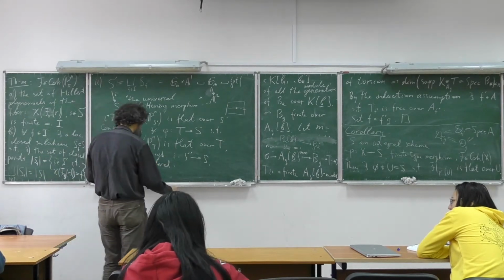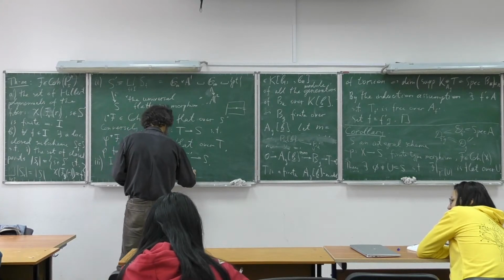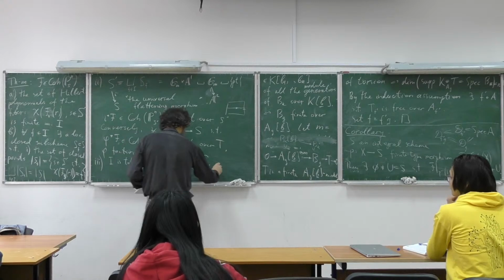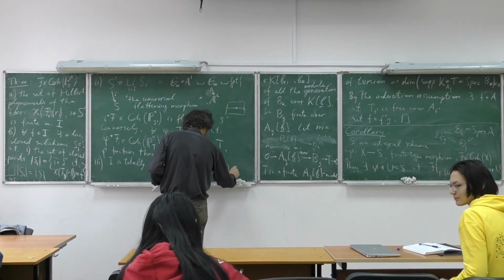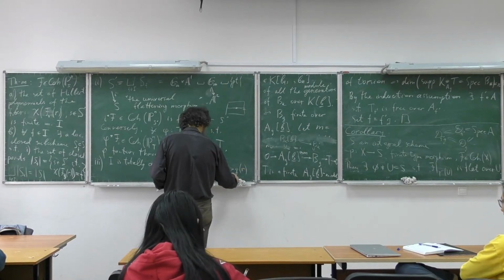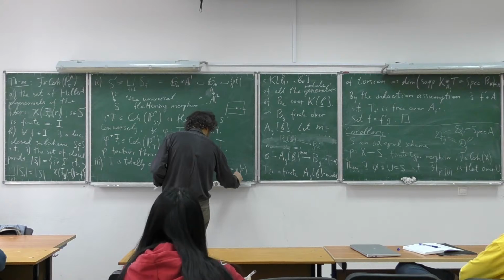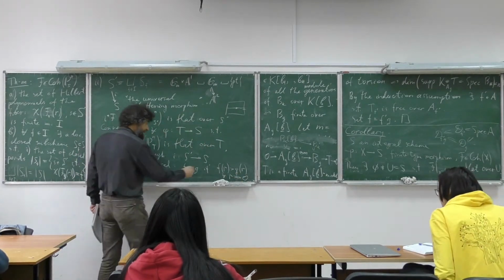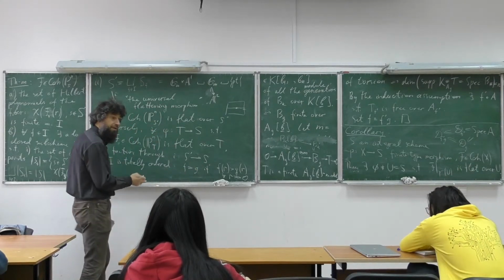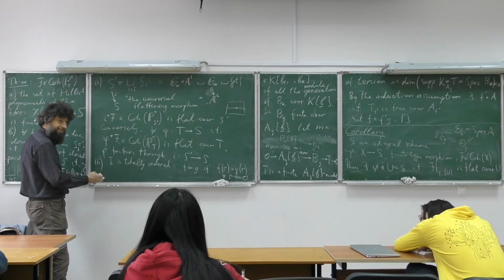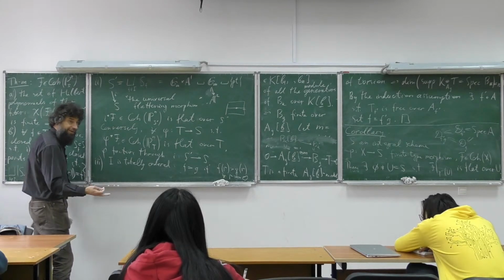Namely, we say that F is bigger than G if F of R is bigger than G of R for any big enough R. And it makes sense because there are finitely many polynomials, and in particular their degree is bounded by, say, 1 million.